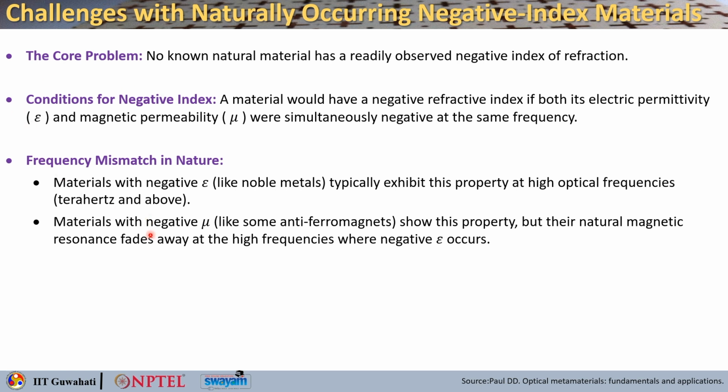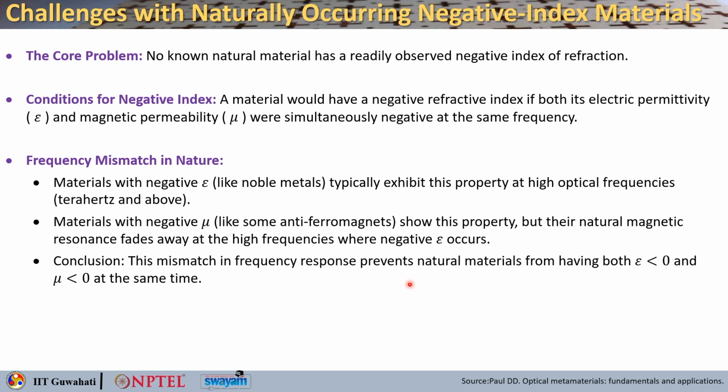Similarly, there are materials with negative permeability, such as antiferromagnets, but their natural magnetic resonance fades away at high frequencies, where the negative permittivity typically occurs. So it is very difficult to have frequency matching where you have both negative permittivity and permeability at the same time in a particular material.